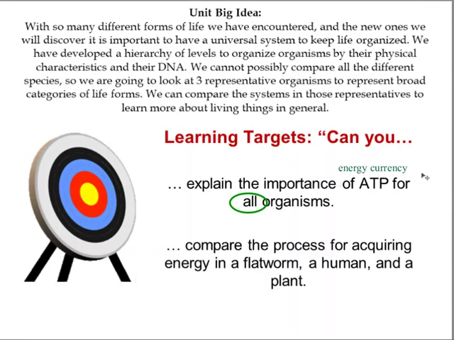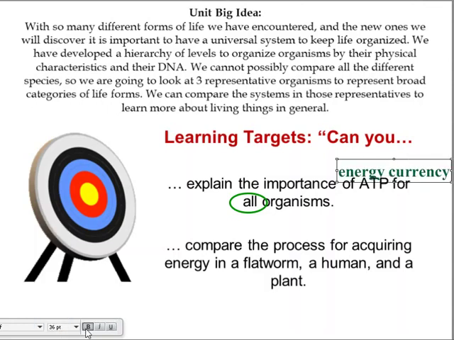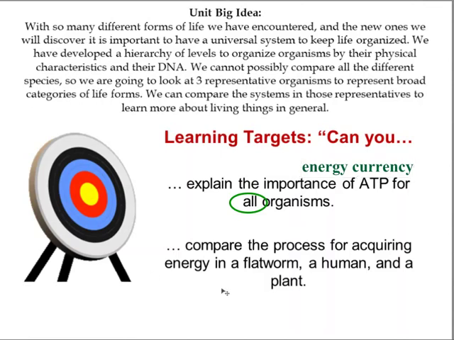They have to access ATP. There you go. That's how important it is. I'm highlighting it and bolding it. All right, and then we're going to compare the processes for acquiring energy in a flatworm, a human, and a plant. Those are our three representative organisms.